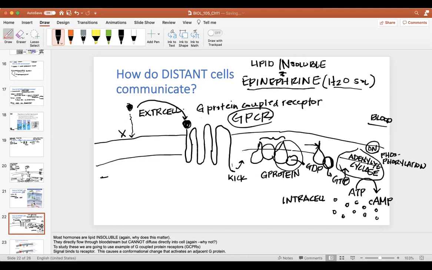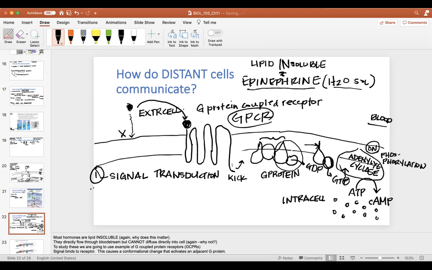That is a process called signal transduction. Changing a signal from one type to another is called signal transduction. So that's the first thing that you need to know about this.